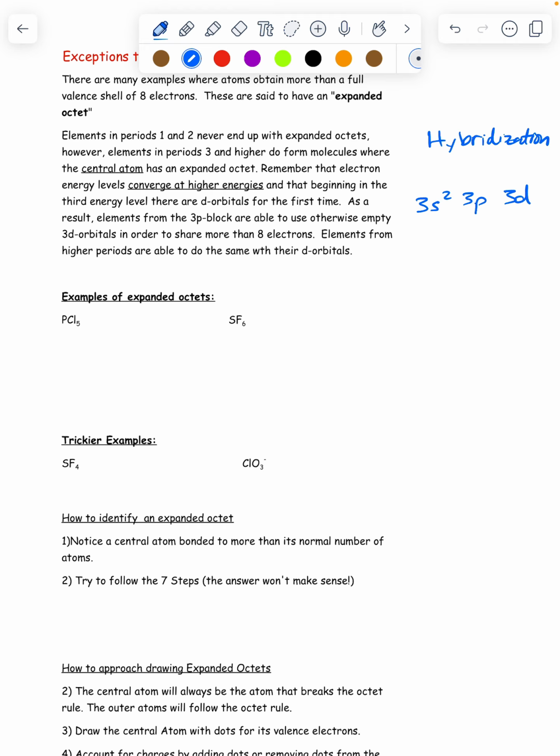And that 3d level may be empty, but it is relatively close in energy to the 3p. And so through the concept of hybridization, it becomes possible for not only s and p orbitals to combine, but also to pull in some d orbitals and combine them all to make hybrid orbitals.